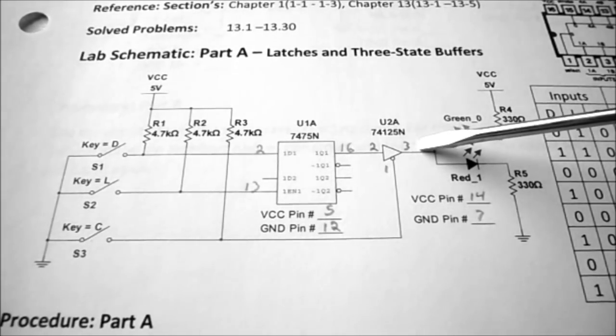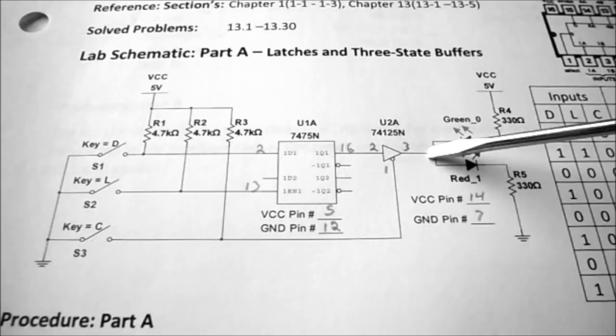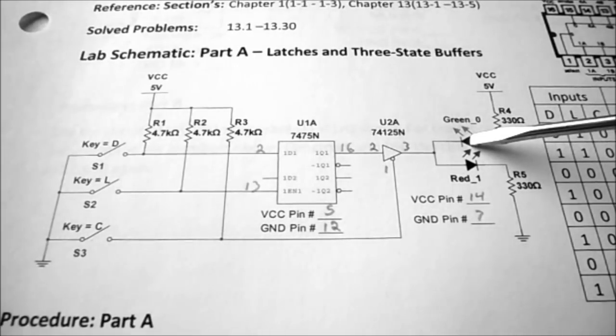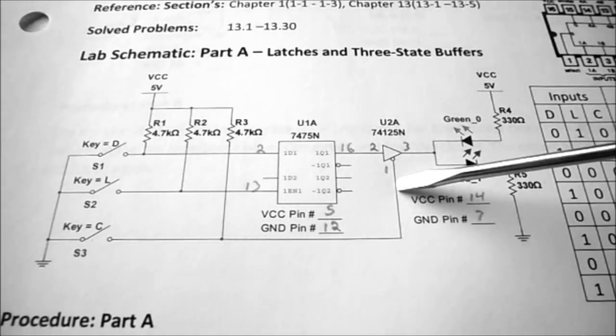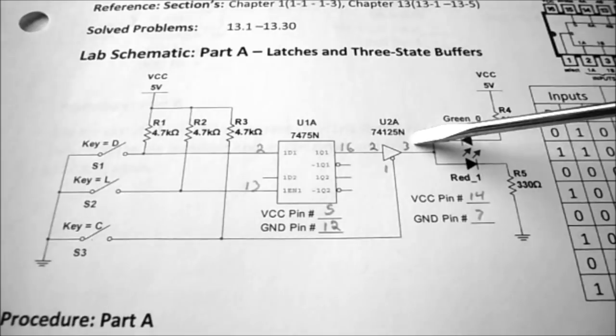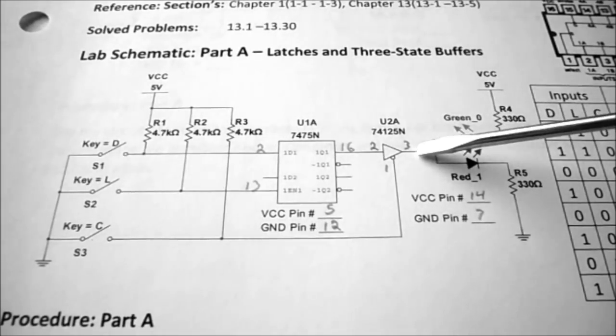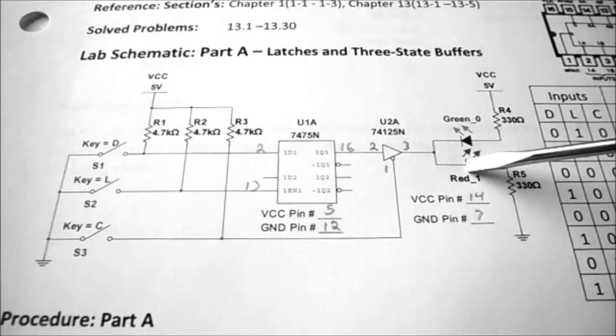So if we have a logic 1 coming out on pin 3, the red LED should be on, and if we have a logic 0, the green LED should be on. And if the 74125 is not enabled, then it should be basically disconnected from the circuit, and the green LED and the red LED should both be on, but slightly dimmer.